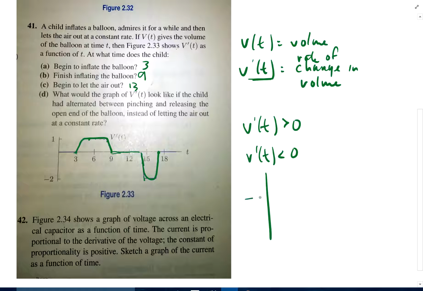It would have done something like this. There's no change in the balloon here. You let air out, and then you stop. Let air out, stop. Let air out, stop. Does that make sense? So there's no change at those points when you're pinched. And it could probably do this: pinch, hold it, let it out, pinch, hold it, let it out, pinch. It's kind of like that sort of thing.